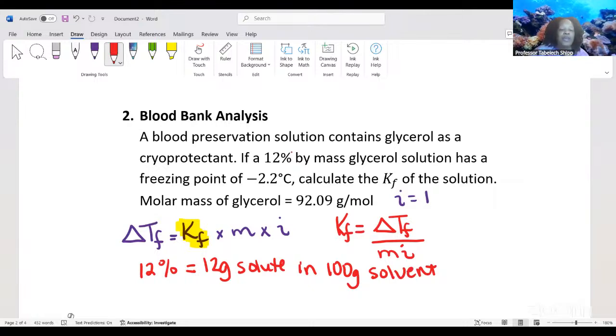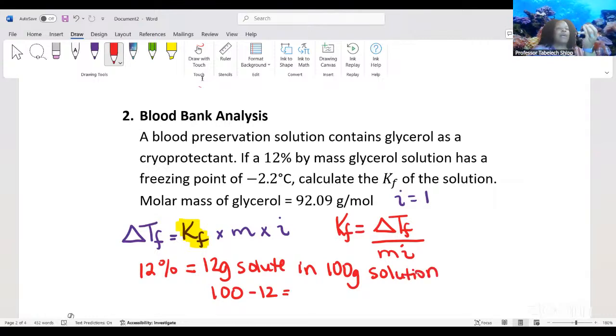What you have to then do is say 100 minus 12 so that you can get the mass of what's left over in terms of the solution, because you have 12 grams of the solute in 100 grams of the solution. I should have said solution, not solvent, y'all. I'm sorry, my bad. When we subtract those two numbers, we're going to get the number for the solvent.